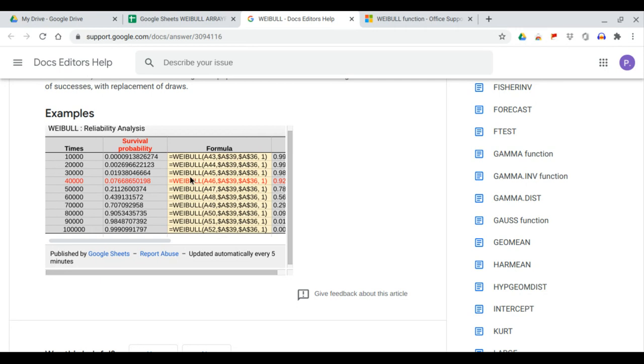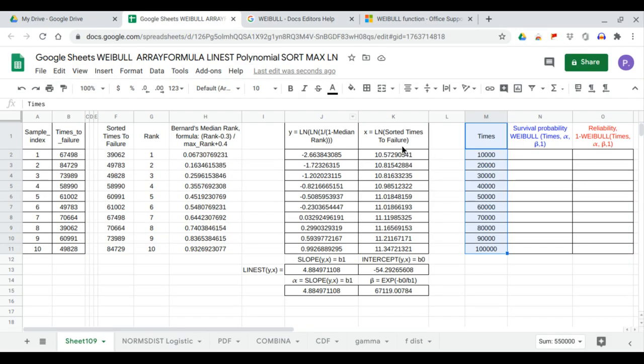We'll instead use array formula. So this is array formula Weibull of the times, comma, the value of alpha, comma, the value of beta, comma, 1.